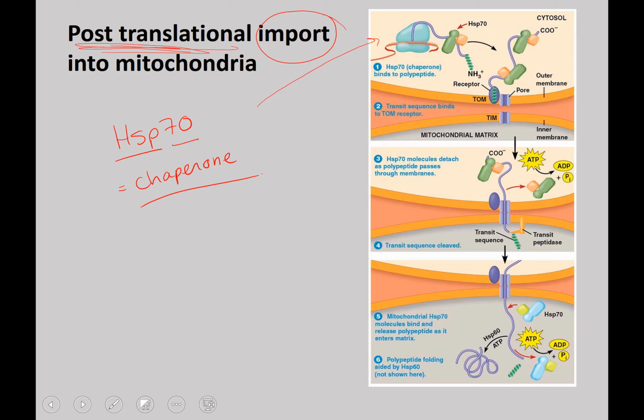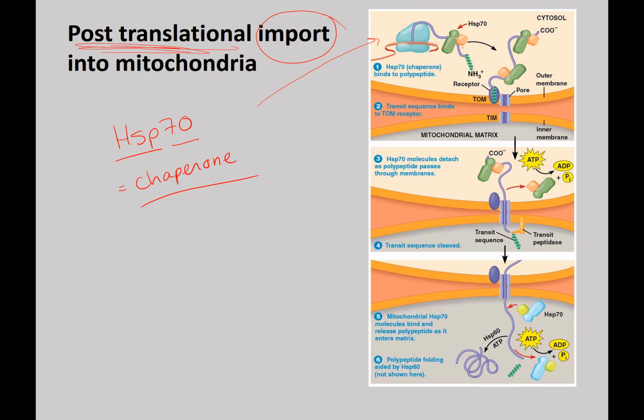Okay? And in this case, the chaperones are keeping the protein unfolded because you're going to have to wind that protein through the pore, okay, into the desired location. So you don't want it to be this globular protein. That's not going to fit. Right?